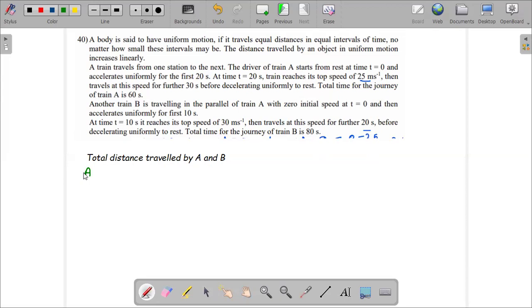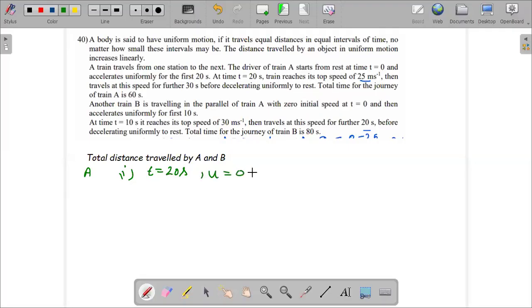It consists of 0 to 20 seconds. So for 0 to 20 seconds, we have time equals 20 seconds. The train has initial velocity u equals 0.